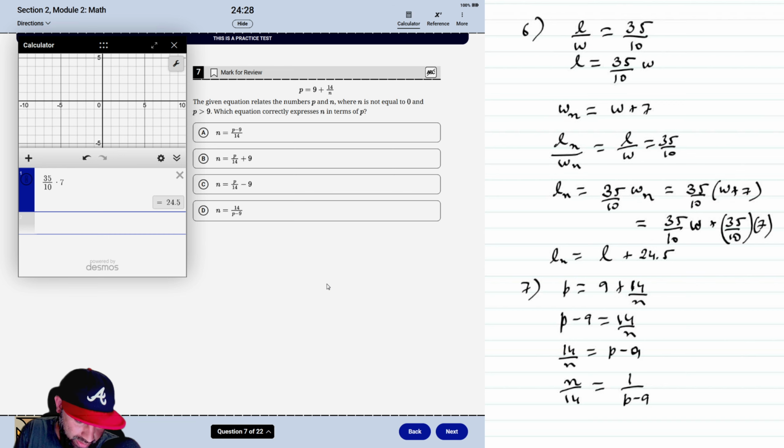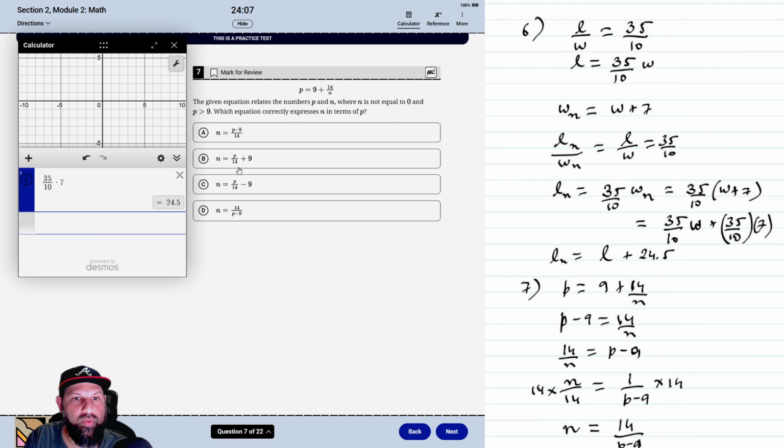Okay, which means now we multiply both sides by 14. So n is going to be equal to 14 over (P - 9). Okay, and that (P - 9)/14, that's not correct. P/14 + 9, P/14 - 9, no, that's not correct. D is the correct answer.